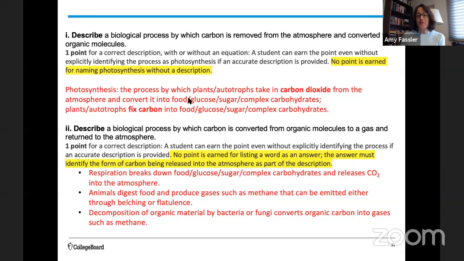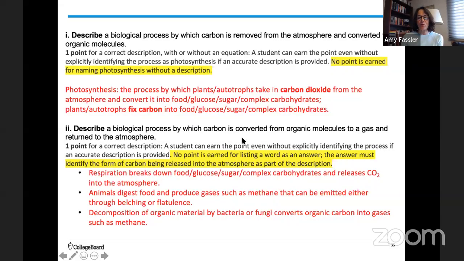I could also have said that plants or autotrophs fix carbon. I didn't need to necessarily specify carbon dioxide here because I'm not talking about pulling it out of the atmosphere per se. I'm fixing it or converting it into one of those foods or sugars or carbohydrates.